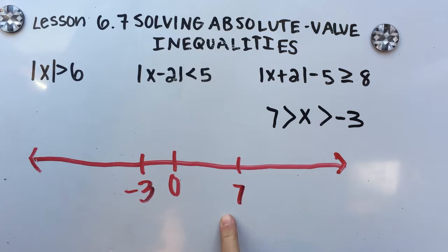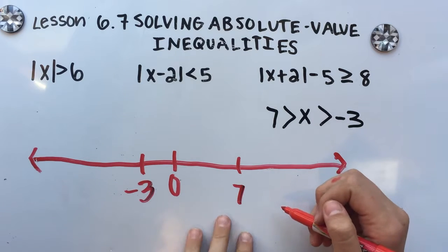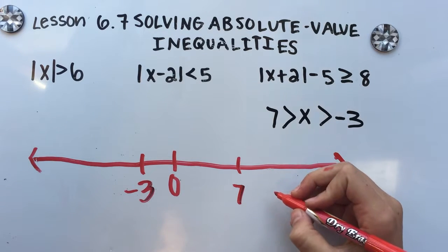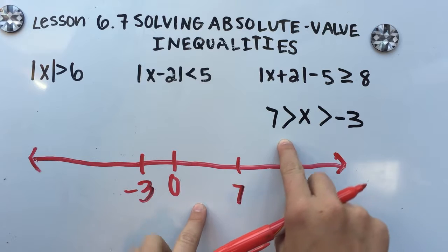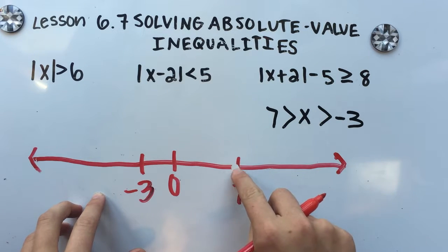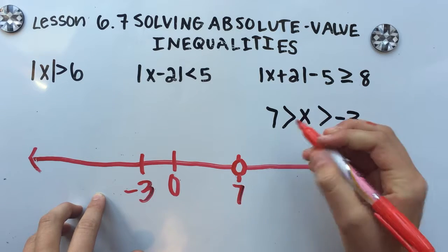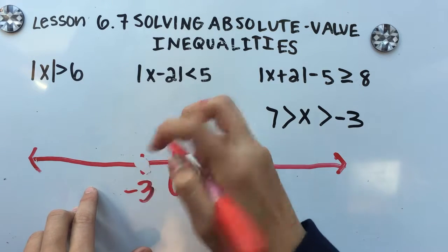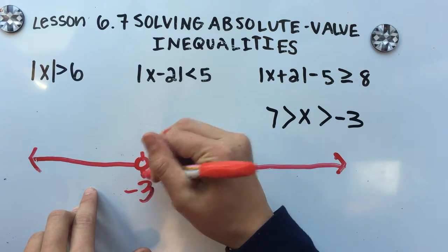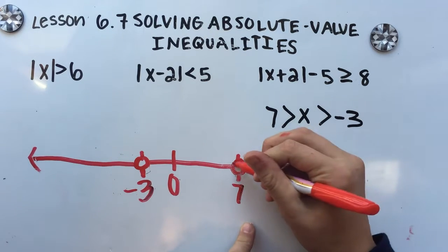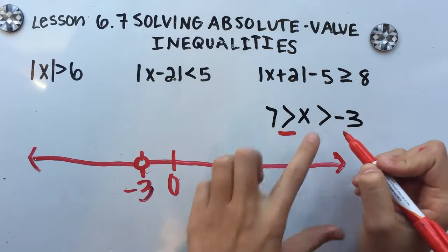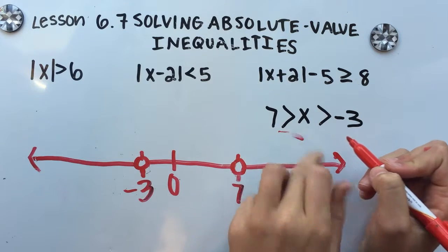You need to be precise, but for time's sake, I'm just going to do it like this. Let's first do this point: put down the circle on the point, because it does not have anything under it. It's going to be open.